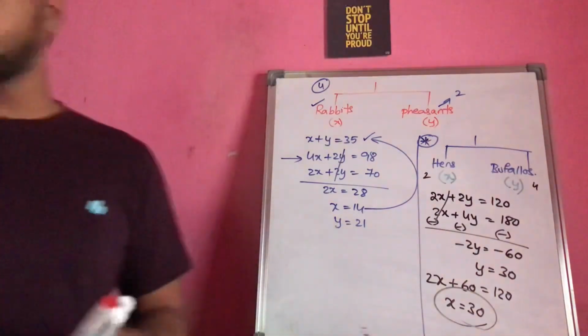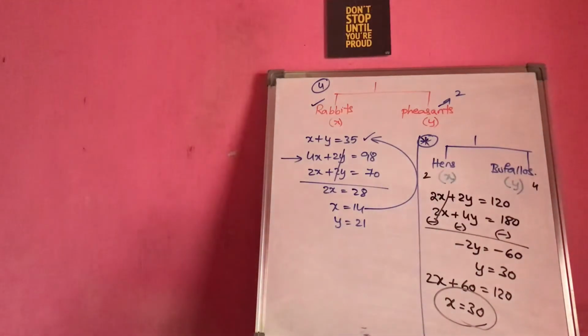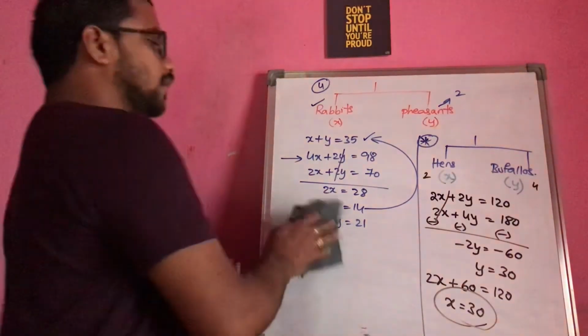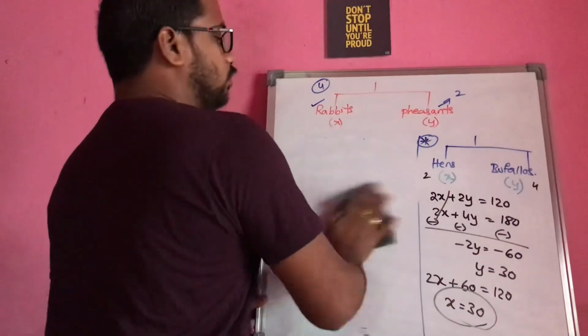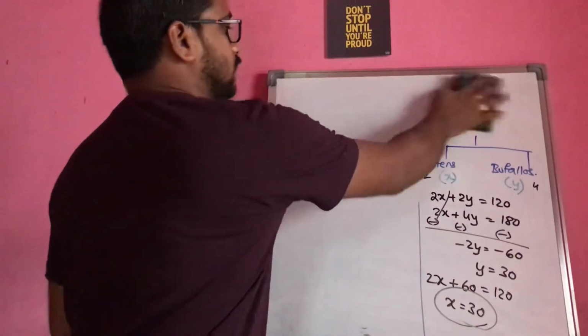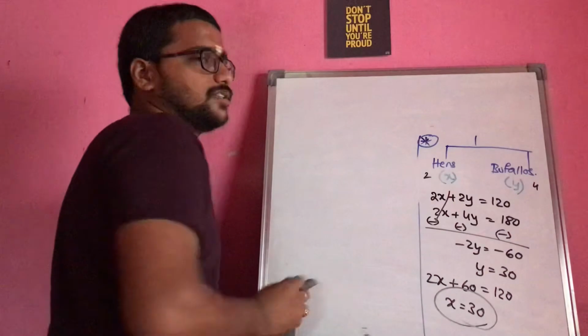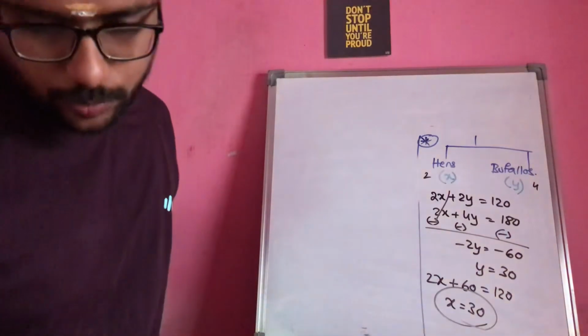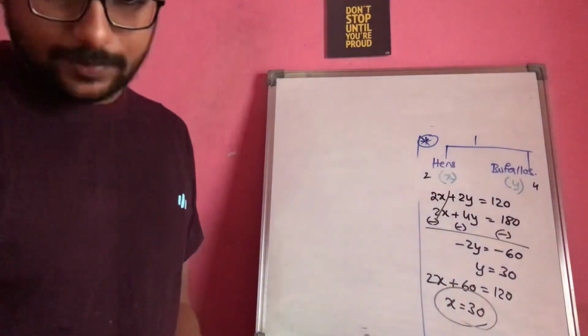So both hens and buffaloes are equal in number, right? So you just have to get the information correctly. What do they actually mean by having the legs and eyes? What are they actually trying to say? This information you should be able to understand correctly.